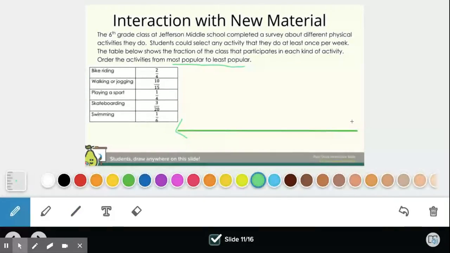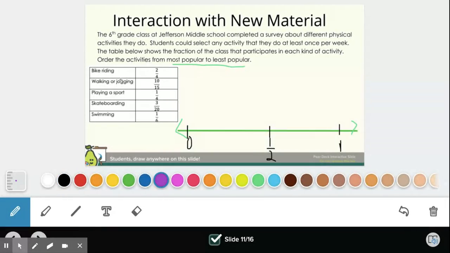There we go. So this will be 0, so it'll be 0 right here. And then this will be half. And then over here will be a 1.